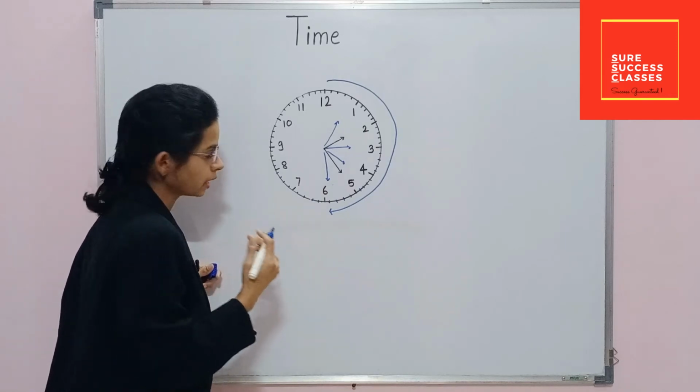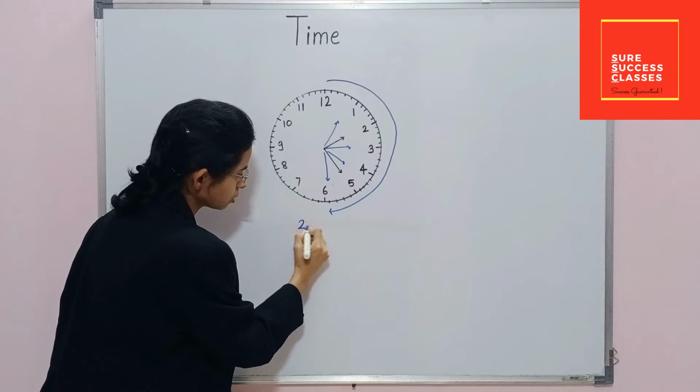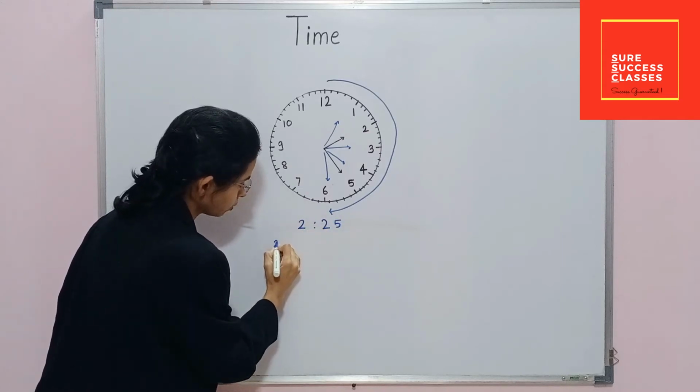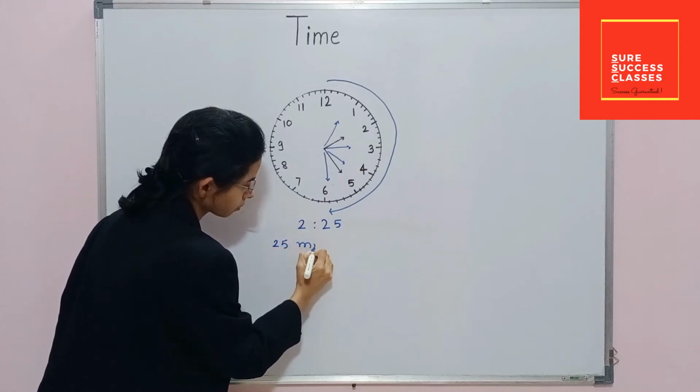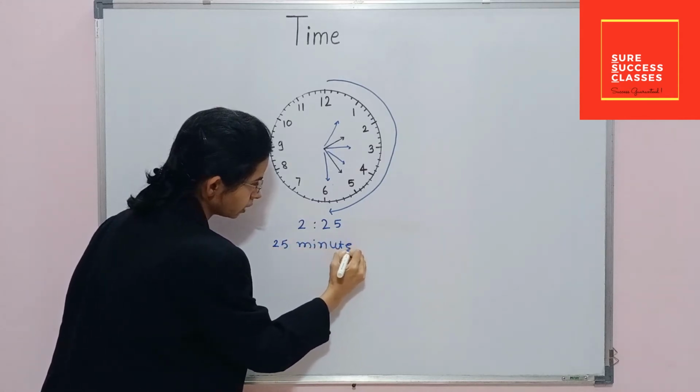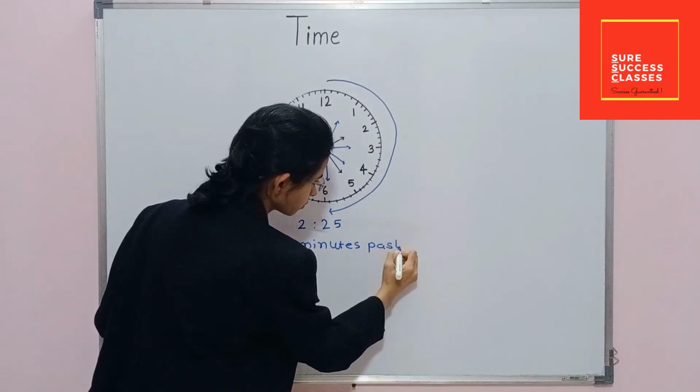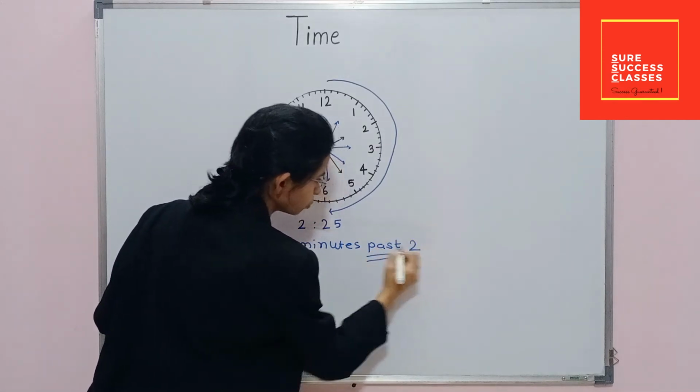So we tell the time as 2:25. We tell the time 25 minutes past 2.